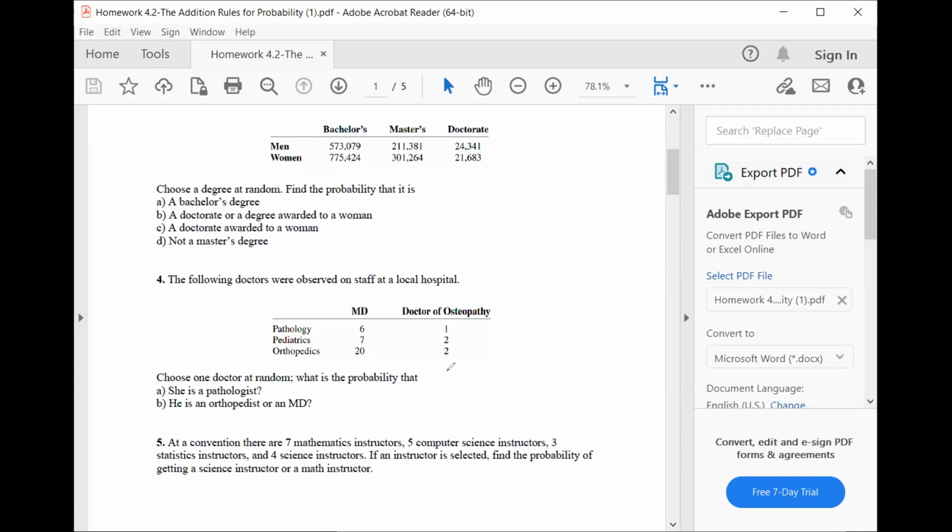So, MDs and osteo, and we're looking at pathology, pediatrics, and orthopedics. So we have 6, 7, and 20. That's 33. And we have 1, 2, and 2.